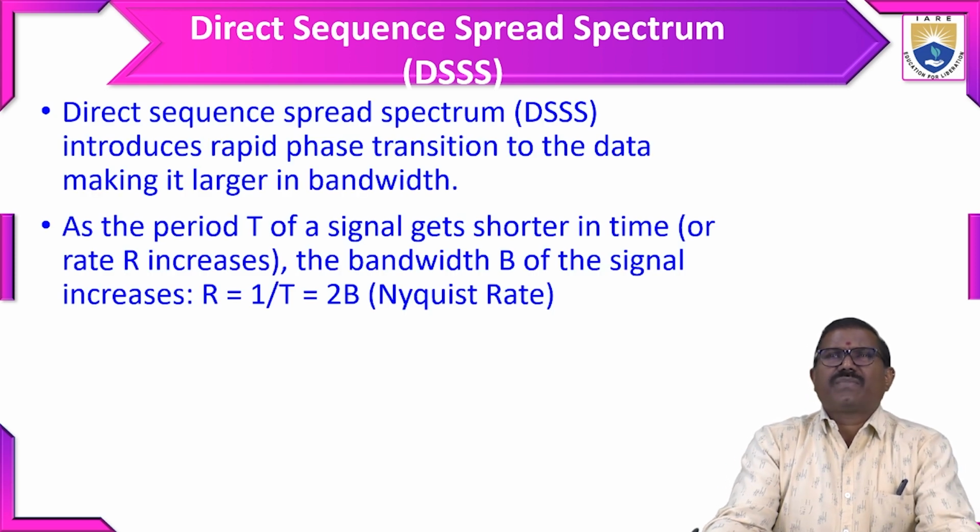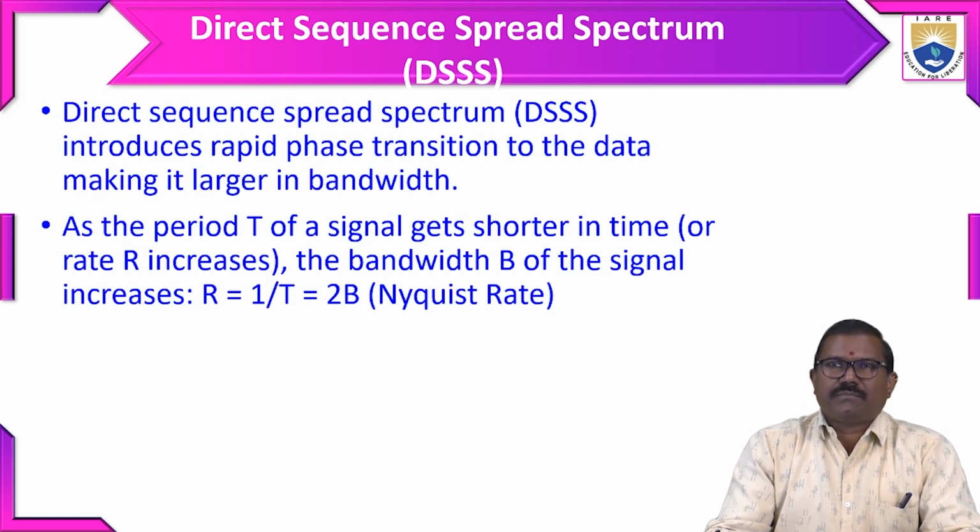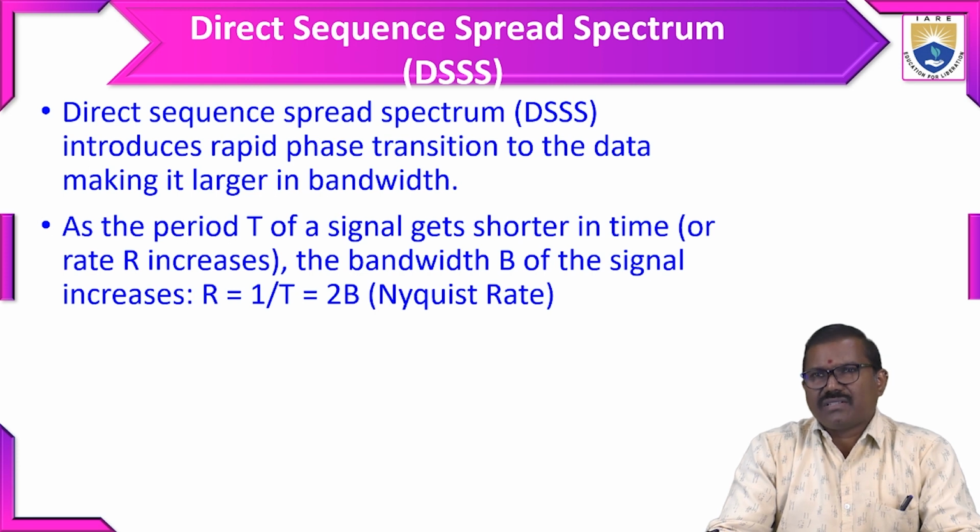The first one is the direct sequence spread spectrum, simply DSSS. It introduces rapid phase transition to the data to make it larger in bandwidth. As the period T of the signal gets shorter in time, or the data rate increases, the bandwidth of the signal increases.